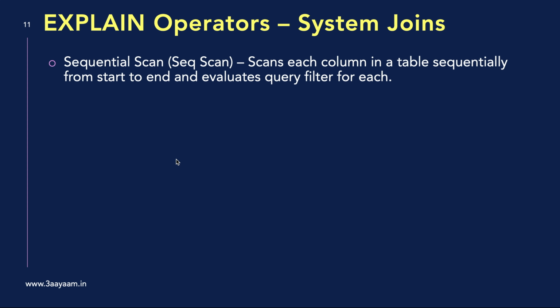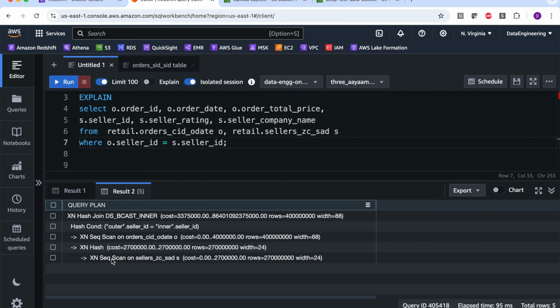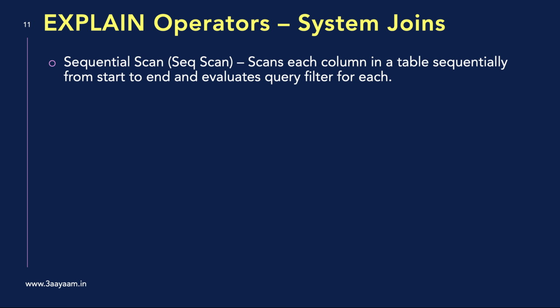Before talking about joins, let me tell you about the sequential scan that we have seen, which is this one, XN Seq Scan. XN means it got executed in the compute node. So what is this sequential scan? The full form is sequential scan. What it means is that it will scan each column in the table sequentially from start to end and then evaluate the query filter for each of the rows.